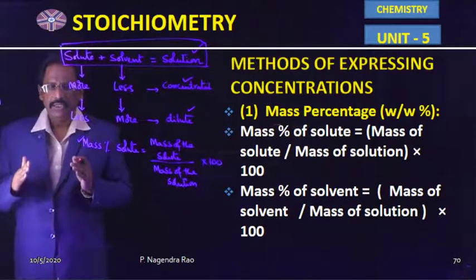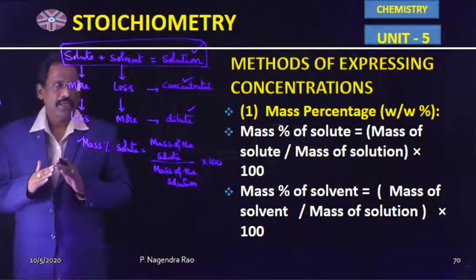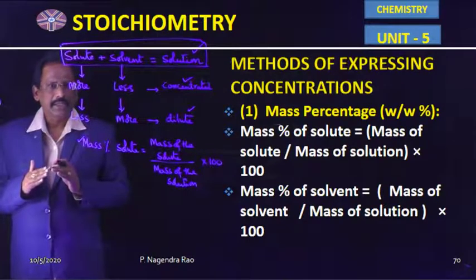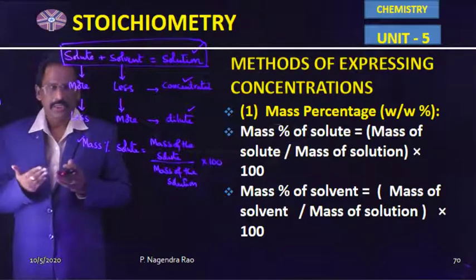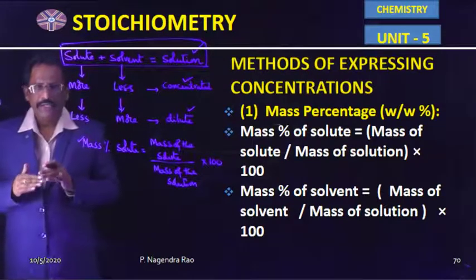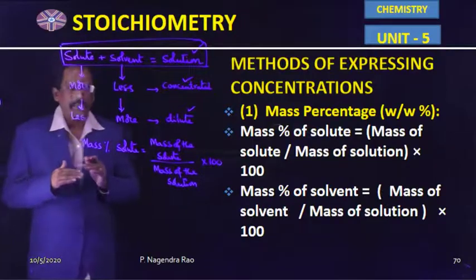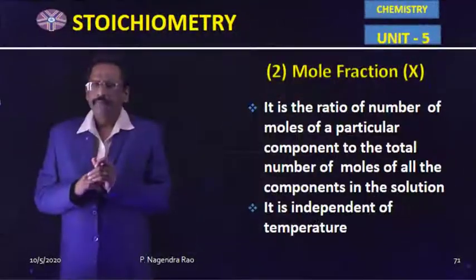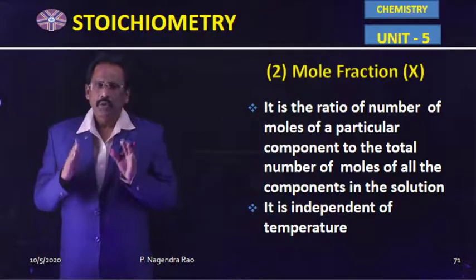So this is one way of expressing the concentration of solutions, in terms of mass percentage of the solute and mass percentage of the solvent. Next one is mole fraction.